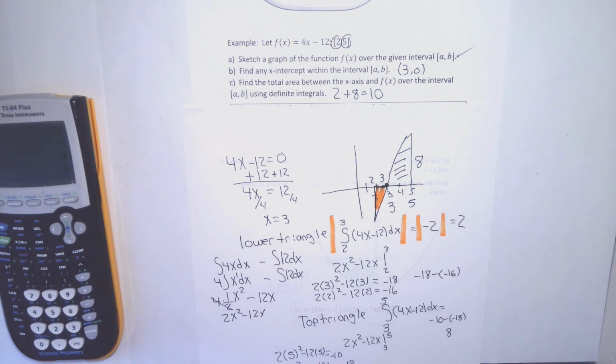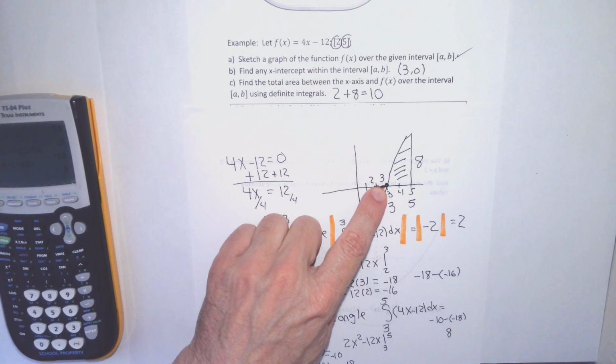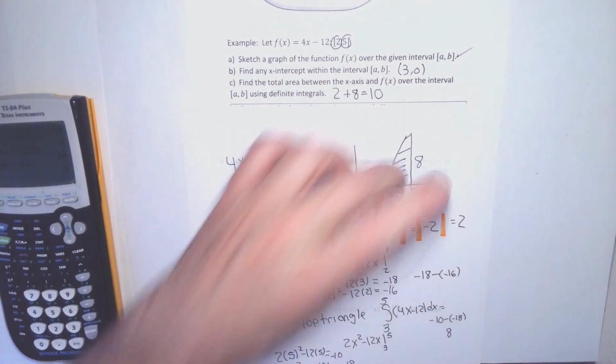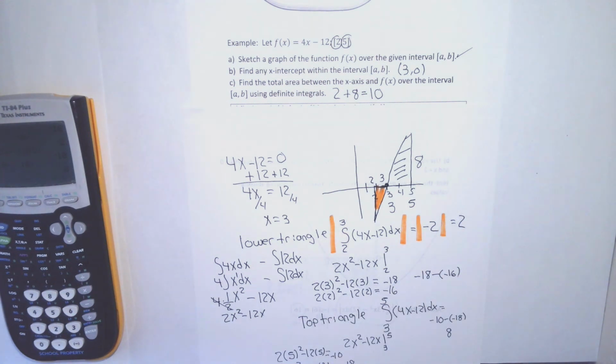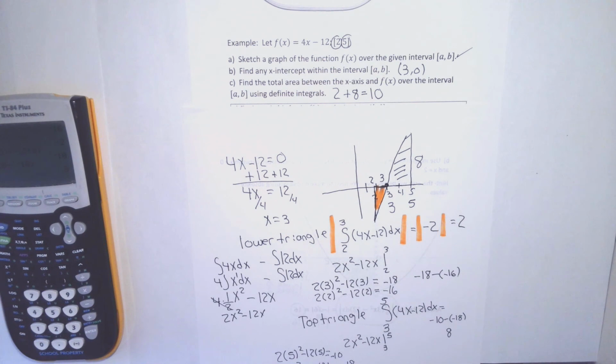That's the bulk of the section. Either I'm going to give you pictures that have 3 different graphs and we'll find the areas on our calculator, or I'll give you a function that we're going to have to find the x-intercept, sketch, and then find the gross area by calculating 2 separate integrals, an integral of the region above the x-axis, an integral of the region below the x-axis.